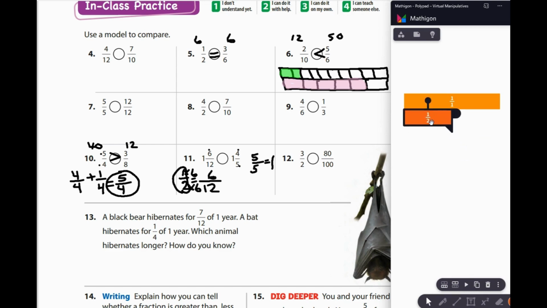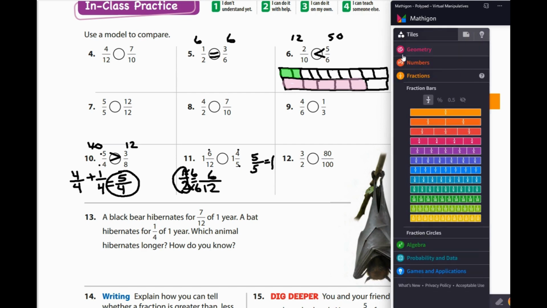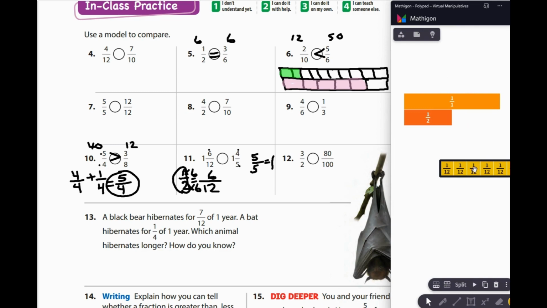Here's my half, which is half of a whole. And I'm going to bring in my 12ths. I know that I needed 1, 2, 3, 4, 5, and 6. 6/12 is equal to a half. 1/2 is less than a whole.